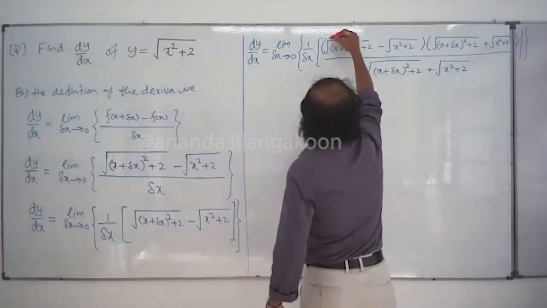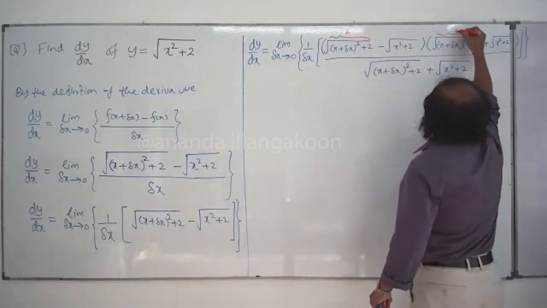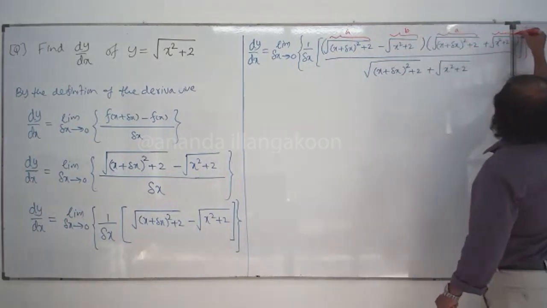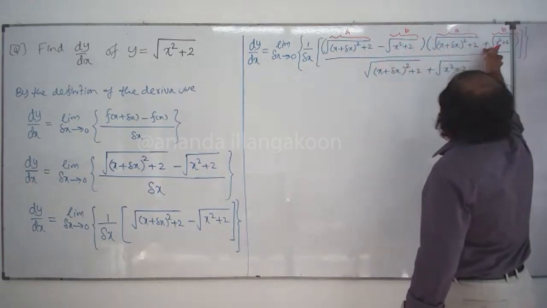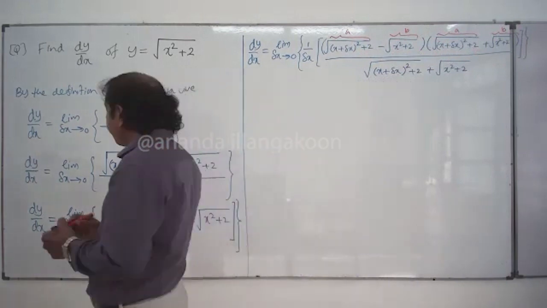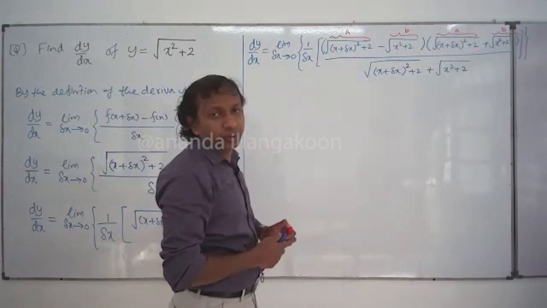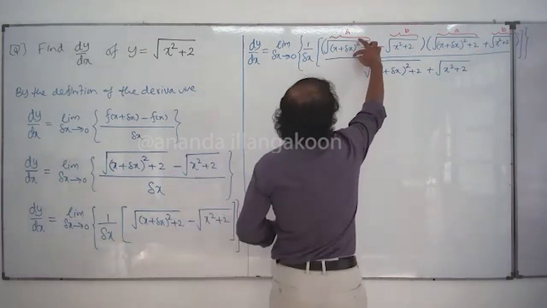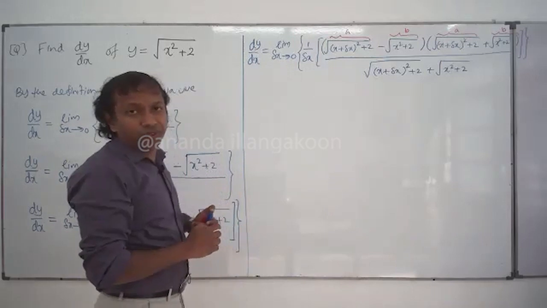There, when you take this as your a, this also is a. If this is b, this also is b. Then here we have a minus b into a plus b. a minus b into a plus b means, people, a squared minus b squared. Right? Here we have the factors of a difference of two squares. Then you can write this as the difference of two squares. What is that? Square of this minus square of this is the corresponding difference of two squares.